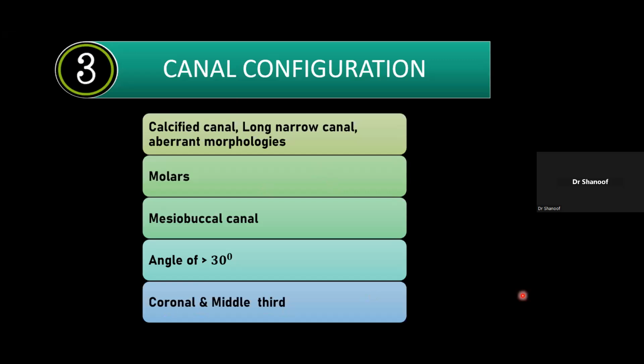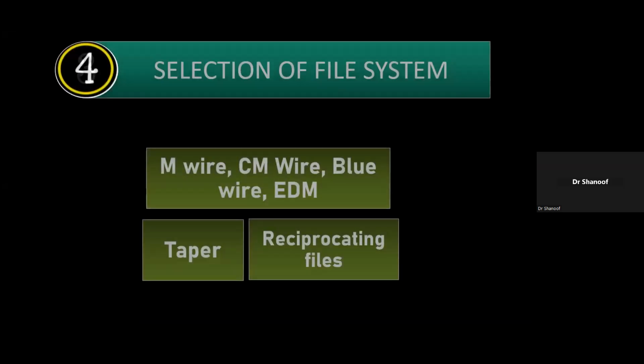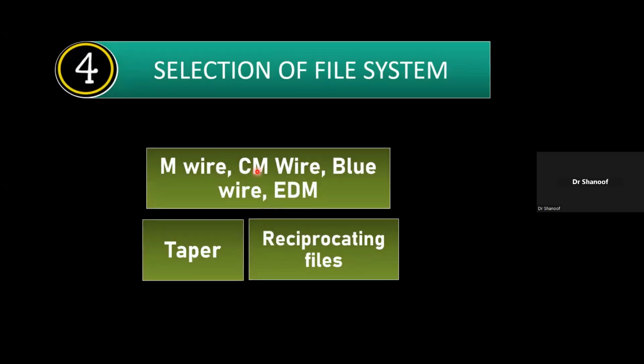So we should always assess the preoperative radiograph before starting the case, and we should always select the right file system for the case. When we talk about the right file system, there is continuous research going on in this area, with newer technologies coming in every day to make files more flexible.